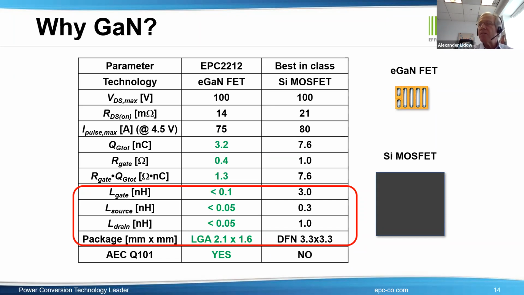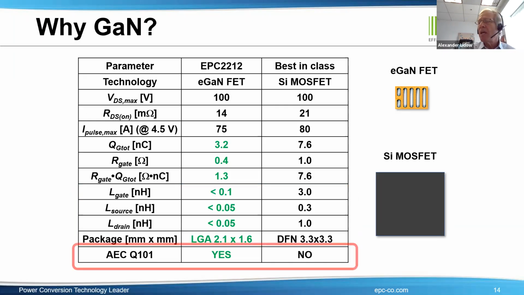And so you have gate inductance of 3 nanohenries, a source and drain inductance together of 1.3 nanohenries, compared to 30x less in the eGaN FET. We've also highlighted the fact that the device is much smaller in GaN, and that means you can cuddle right up to the laser and eliminate any PC board inductances that are there as well.